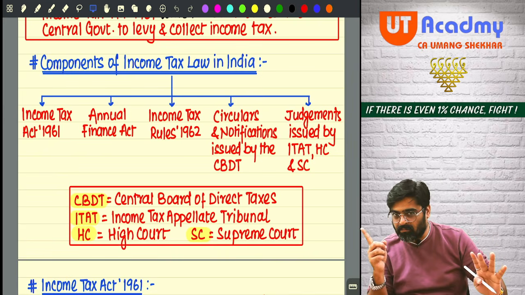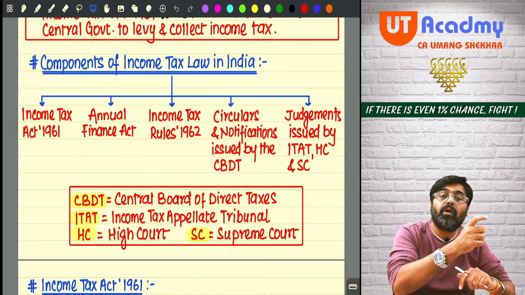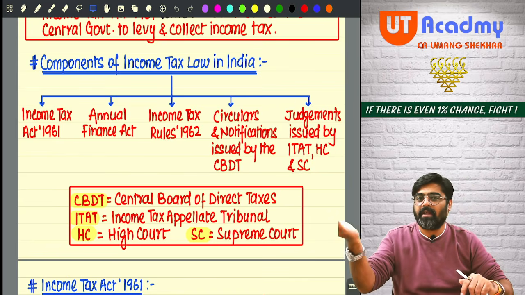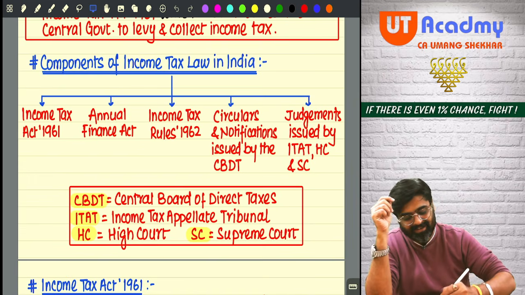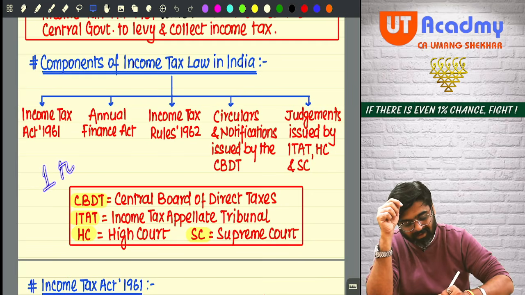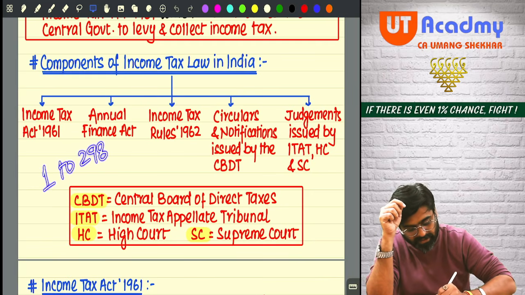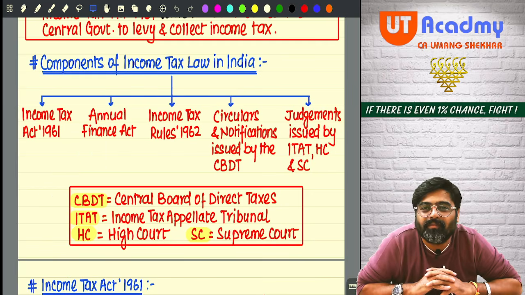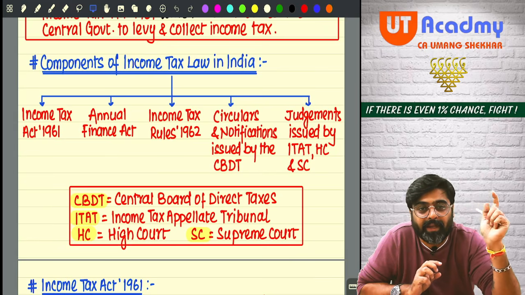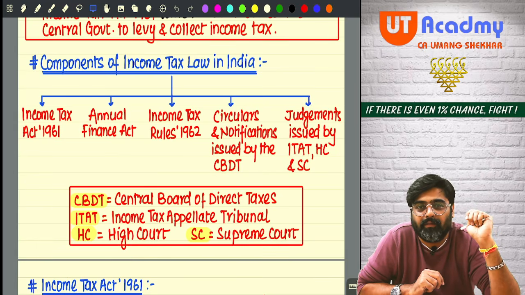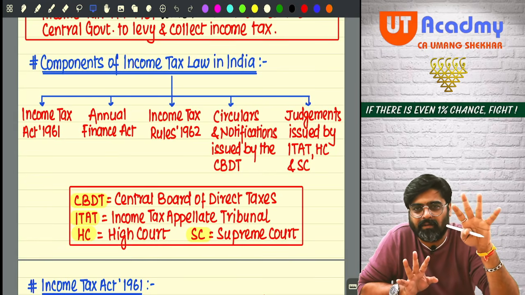So from section number 1 till which section is the Income Tax Act there? Section number 1 to section number 298. So the last section in the Income Tax Act is section number 298. Wait, no need to write. Everything is written.